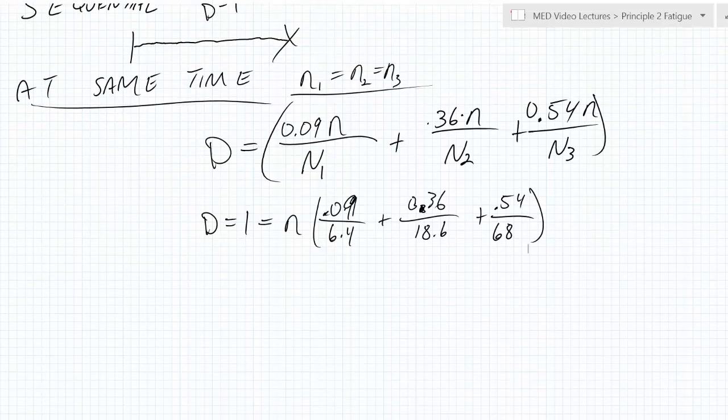If we do that and solve for N, we find out that if all of these cycles are happening at the same time, the product should only last about 4.6 times 10 to the third cycles.